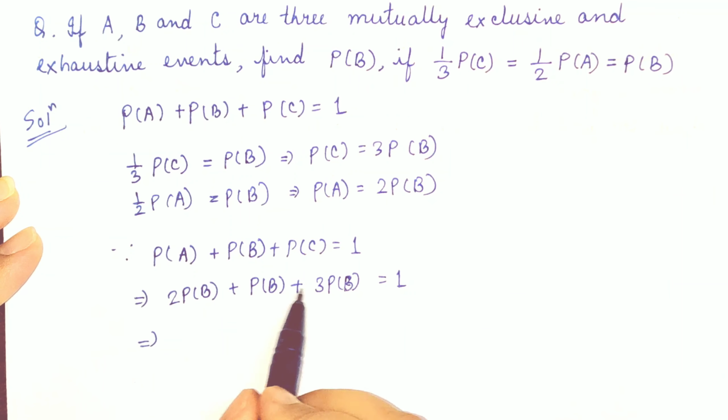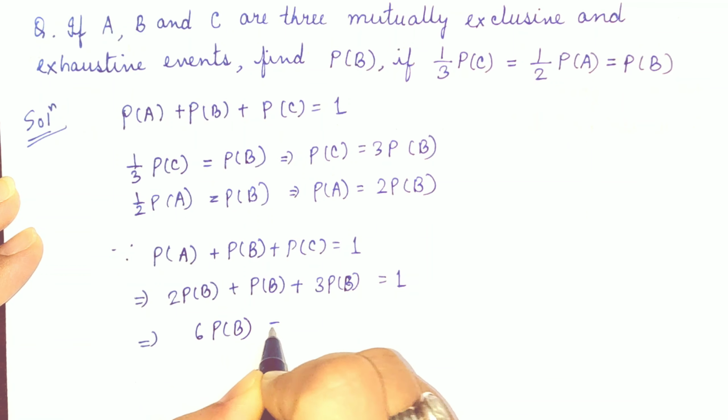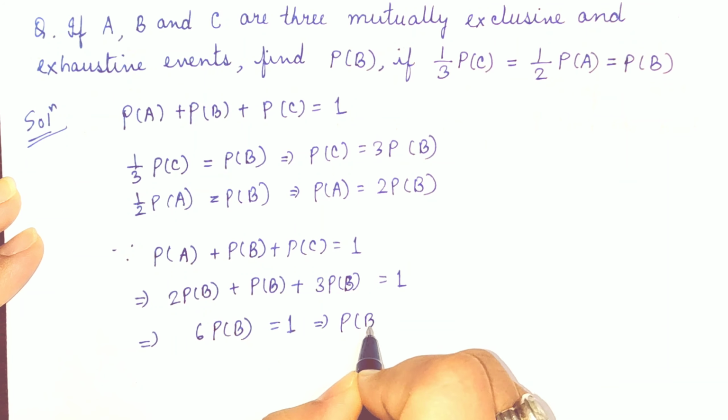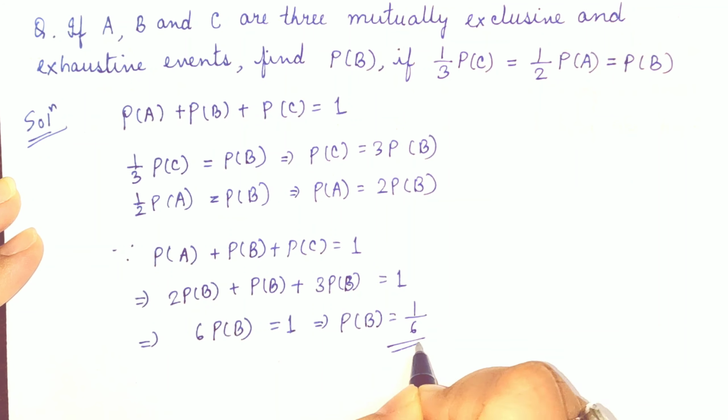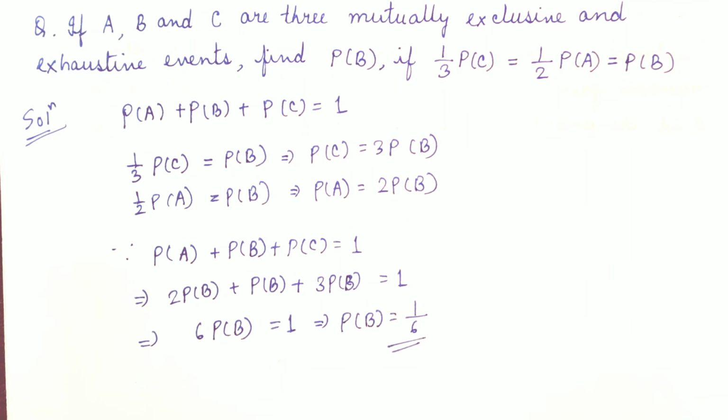Now it will give you 3 plus 2 plus 1, 6 P(B) equal to 1, or P(B) value will be 1 by 6. So here this condition can be used when the events are mutually exclusive and exhaustive events.